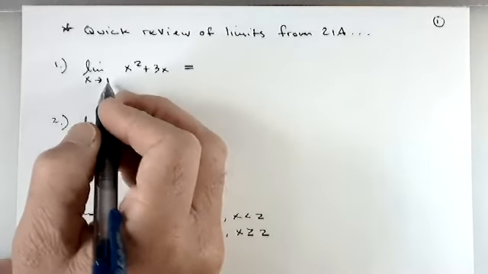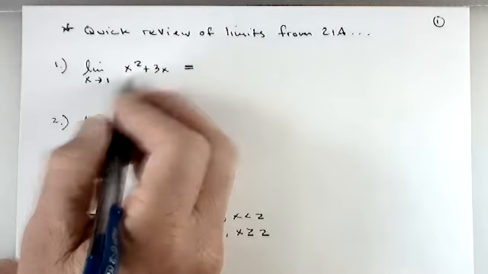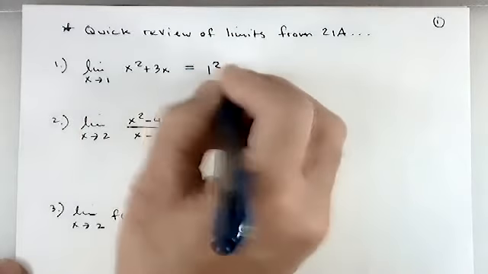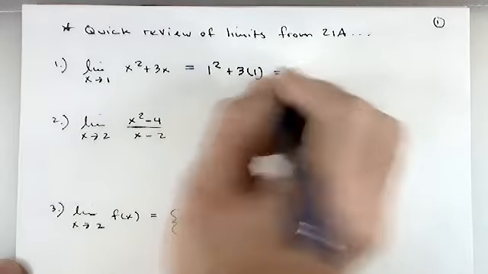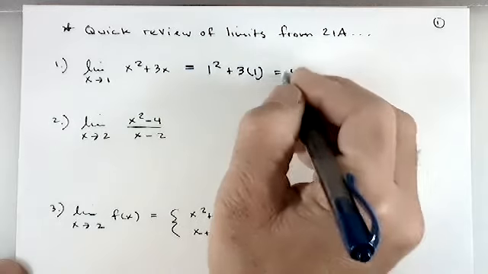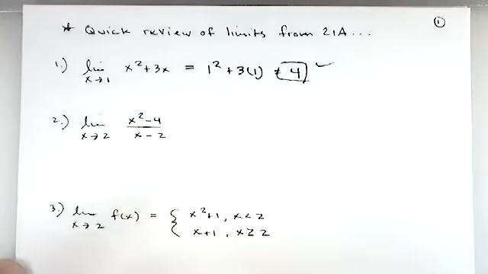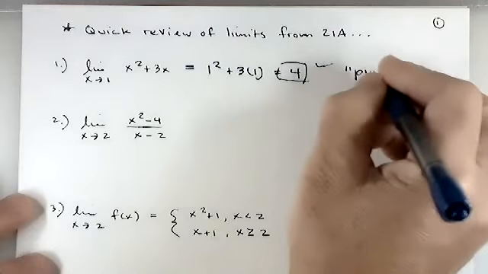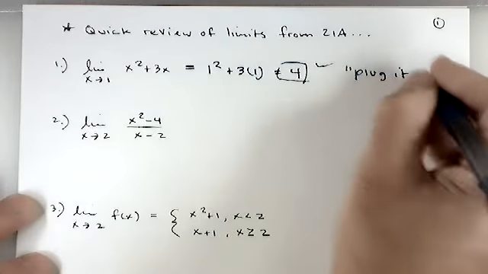It means you're infinitely close to 1. X is infinitely close to that number. But for all intents and purposes, we just plug in the 1. And if we get an answer, that's it. That's our limit. So your first rule of limits is just to plug in the number.